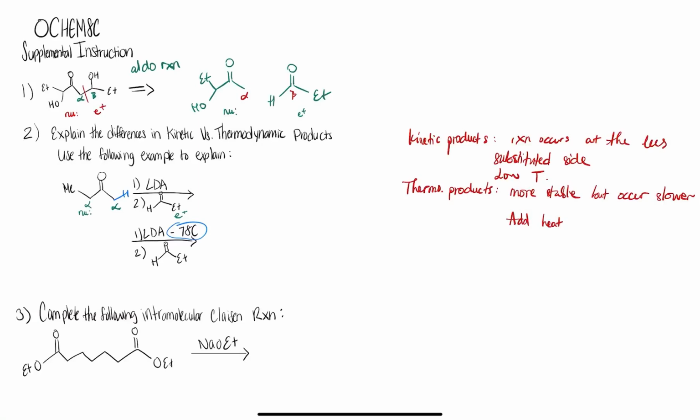So again, this is what you call the kinetic enolate, because the alkene is less substituted, it is disubstituted.